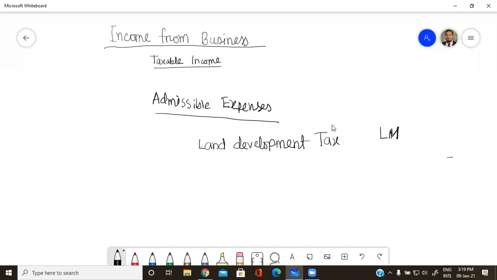So if your business is situated at your own land, you are supposed to pay the land development tax to the land ministry, and it is usually collected by the land office. You may be familiar with it if you aspire to become the Assistant Commissioner of Land.